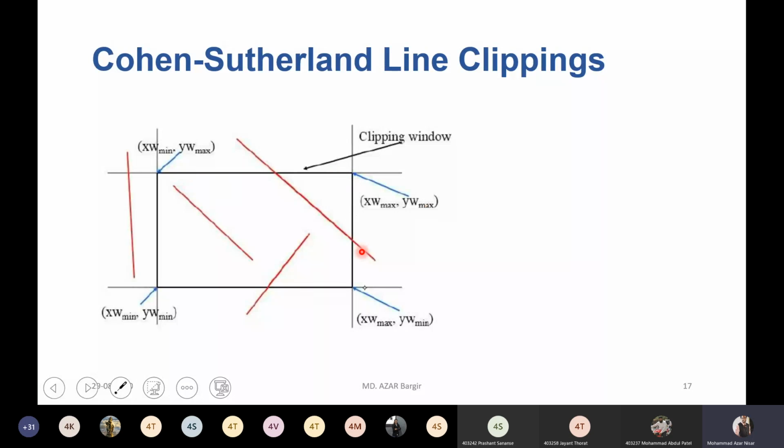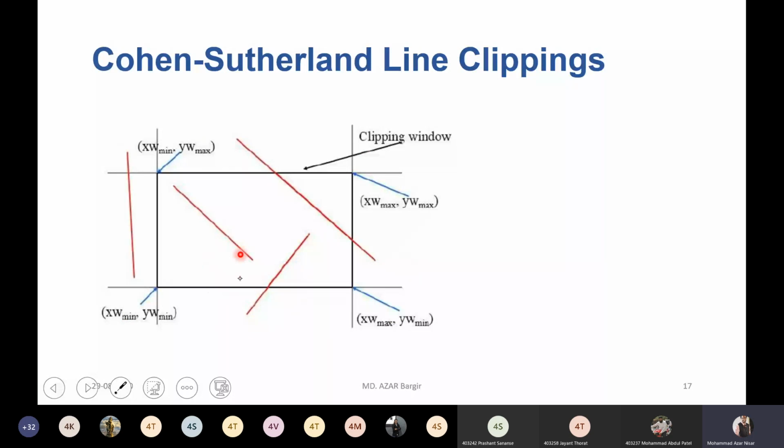And this is your clipping window. Inside the window, whichever part of the line is inside will be accepted by the program or by the computer, and the remaining portion of the line which is outside the window will be clipped. So we require clipping.